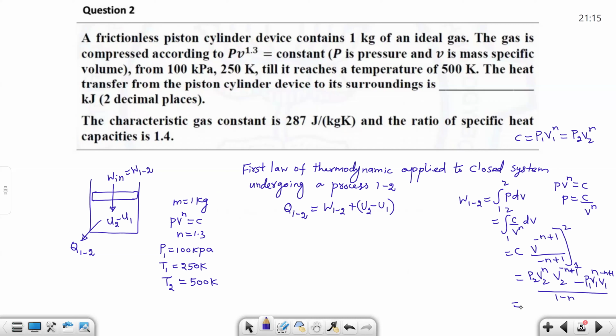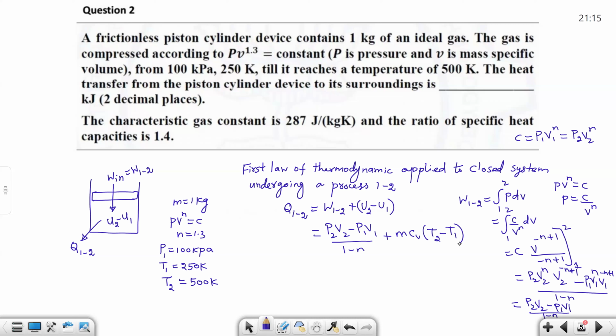So this you will get P2 V2 minus P1 V1 by 1 minus n. So Q1 to 2 is P2 V2 minus P1 V1 by 1 minus n plus U2 minus U1, which is m Cv into the temperature difference.